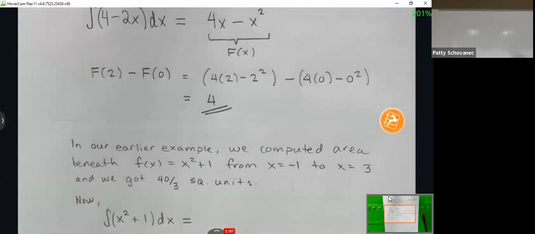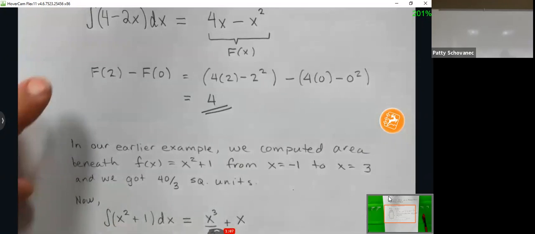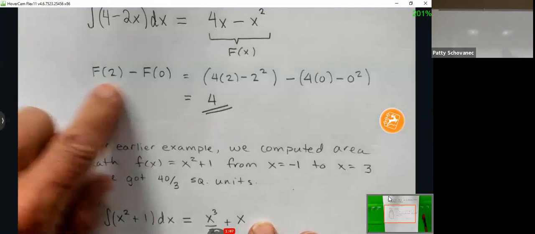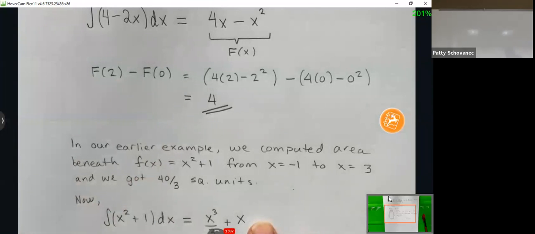You add 1 to the power and divide by that new power. And so you get x cubed divided by 3. The antiderivative of the 1 gives us x. Now remember, we got constants of integration. We don't really need them because we're going to take our antiderivative at each endpoint and subtract. So if there's a constant added here, when I subtract it, it'll subtract itself out. That's our capital F.